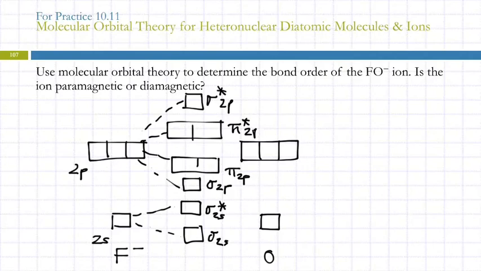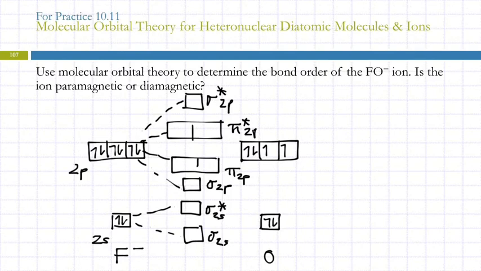So F minus would have how many valence electrons? 8. So 1, 2, 3, 4, 5, 6, 7, 8. And oxygen has 6, right? 1, 2, 3, 4, 5, 6.